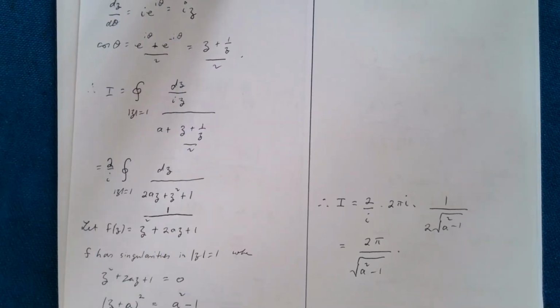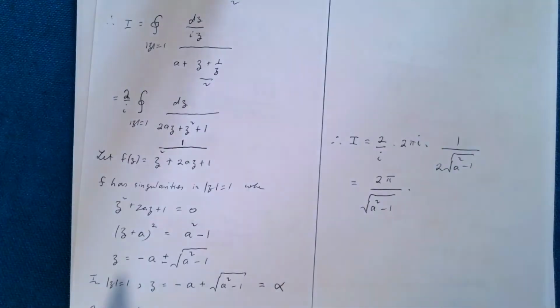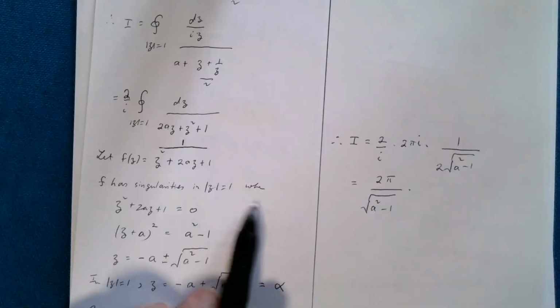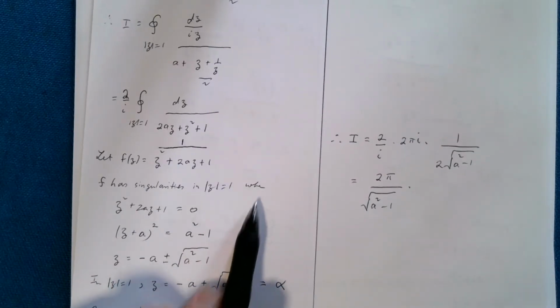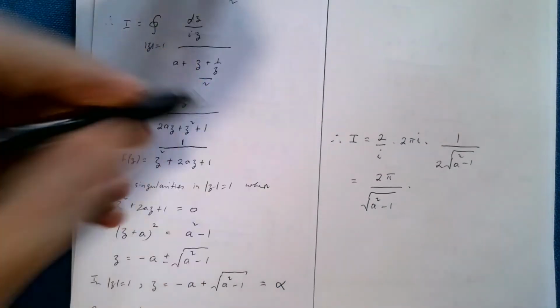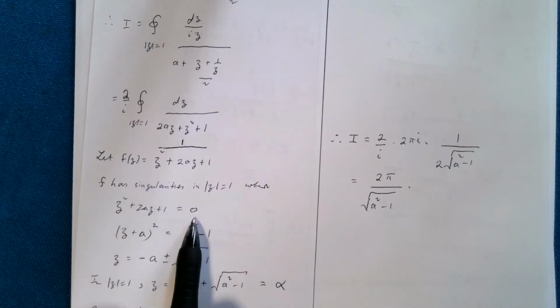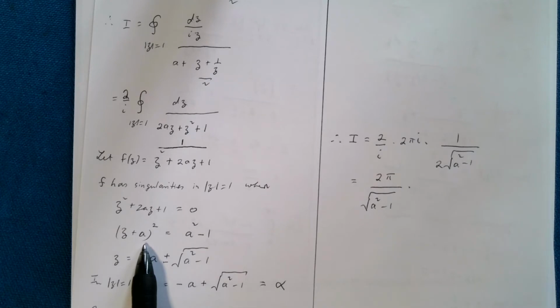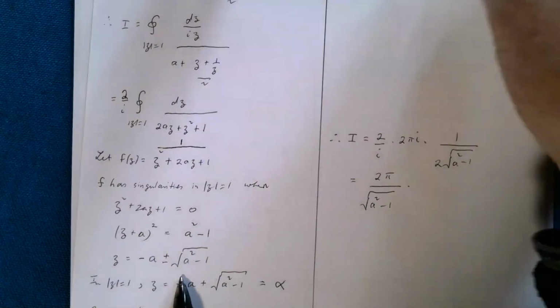So f of z, which is 1 over this, has singularities where the denominator is equal to 0. Remember, we're only interested in those inside the unit circle. I can complete the square on this, which is the easiest way of dealing with it, and I can solve and I get these two values for z.